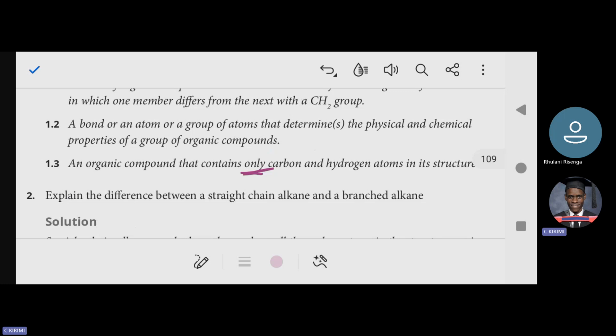So a branched alkane and a straight alkane. How does a branched one differ from a straight alkane? I know you know this. The straight chain alkane and the branched alkane: explain the difference.